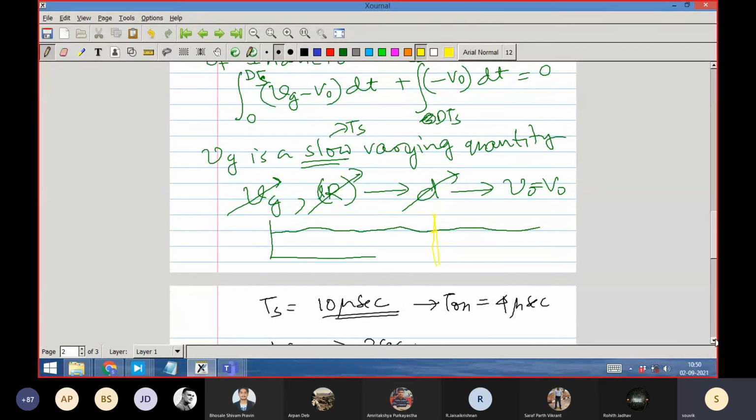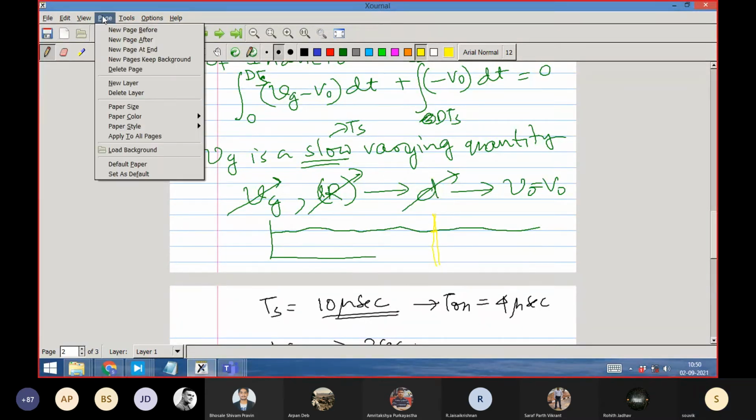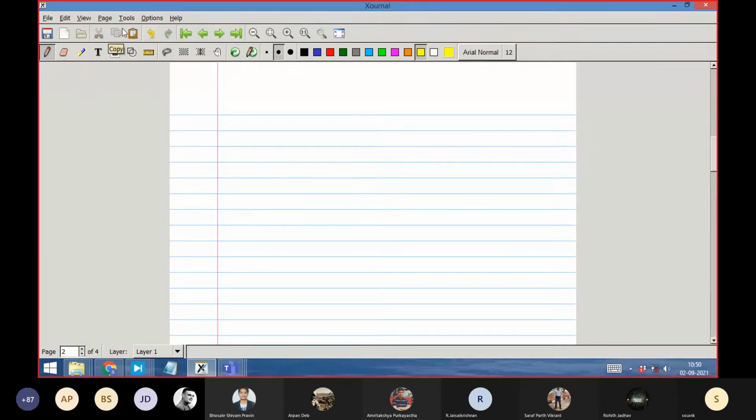VG is a slow varying quantity with respect to TS, so within the period TS there is not much change. If that is what I assume, then how can I write this equation? I can write it like this. That's why I'm writing now capital. Sorry, not this color.